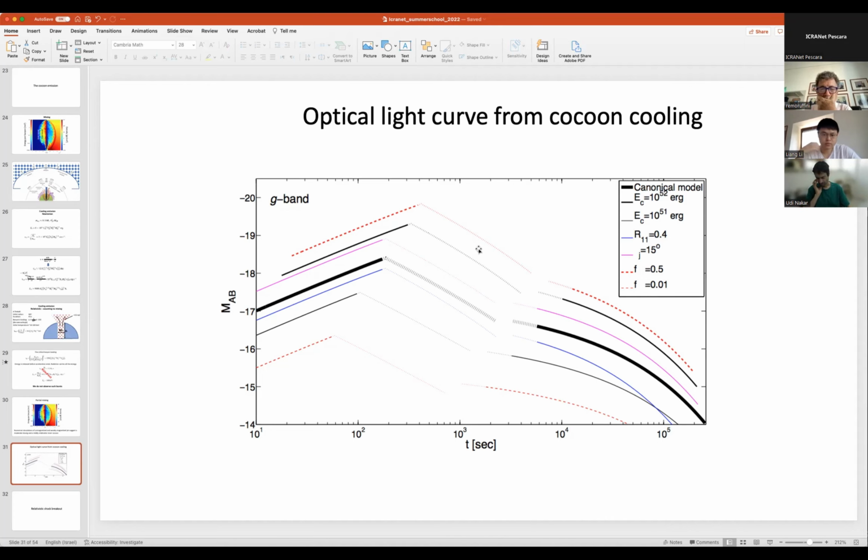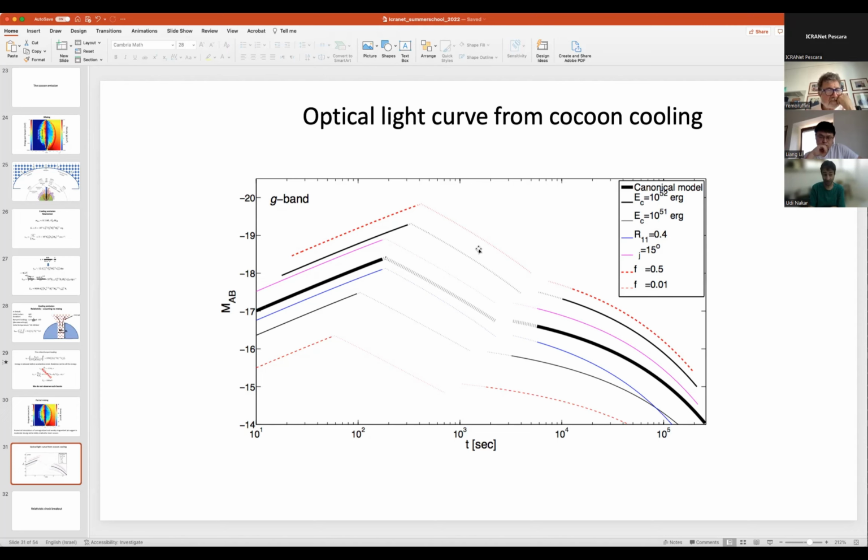We know there is a classification of long and short GRBs. I'm not sure if there is a connection, but in both long and short GRBs, there is going to be a cocoon.